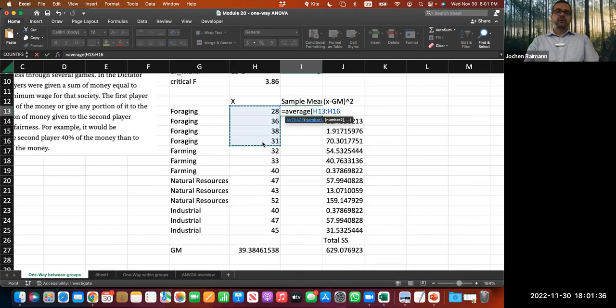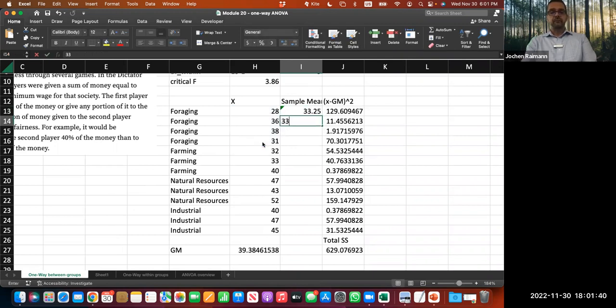For foraging, you get 33.25. Then you need to propagate this down as a placeholder for each entry, because you need to preserve your degrees of freedom for the calculation of the variance.